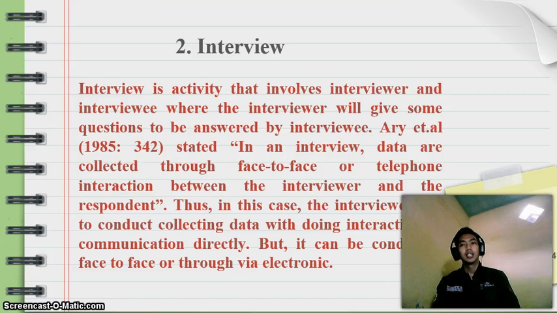Then, Creswell 2008, page 226, also classifies the interview into 4 types. These types are: 1. One-on-one interview, 2. Focus group interview, 3. Telephone interview, and the last one, electronic or email interview.